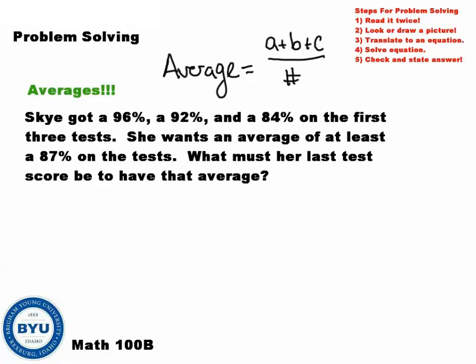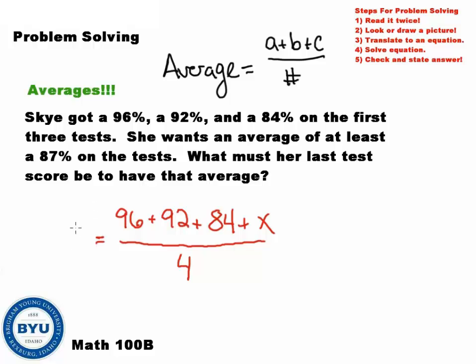Okay, so to do the average, basically we know that to do an average, we add up the values. So I do 96 plus 92 plus 84 plus that last test score, which we don't know. To find the average, I would divide all those by 4 because there's 4 tests, and that would equal the average, which she wants to get, an 87. So to solve this, we're going to multiply both sides by 4 to get rid of the division.